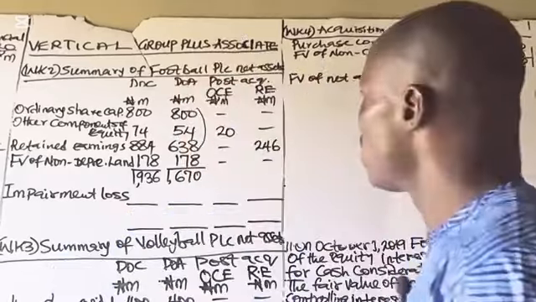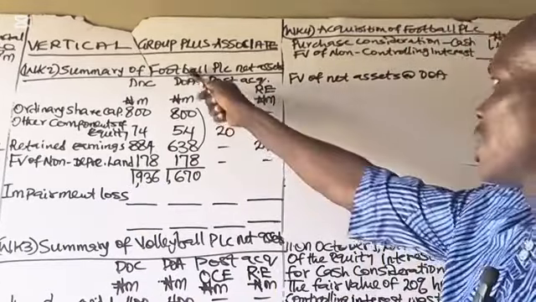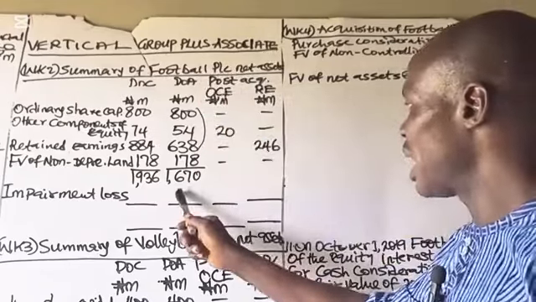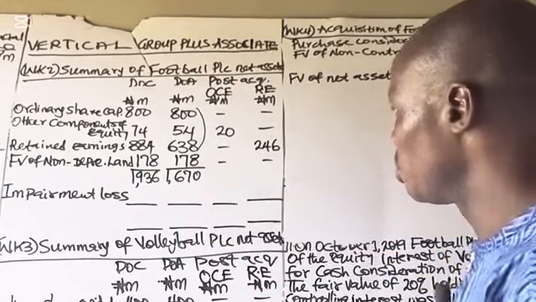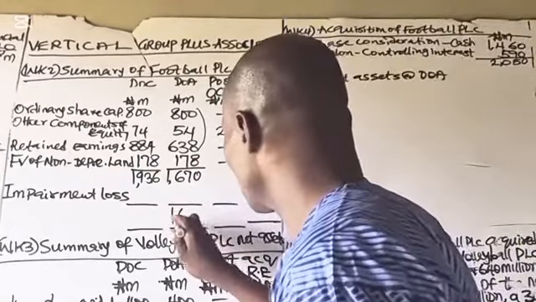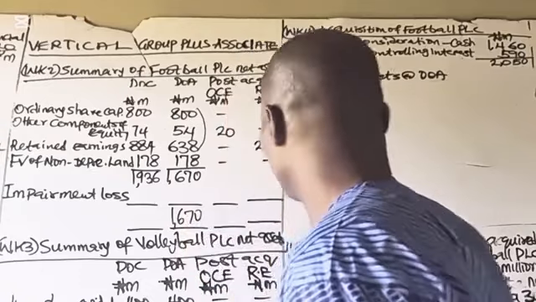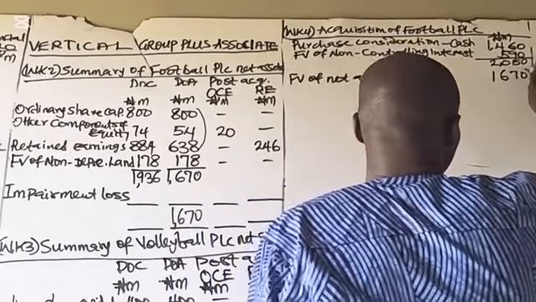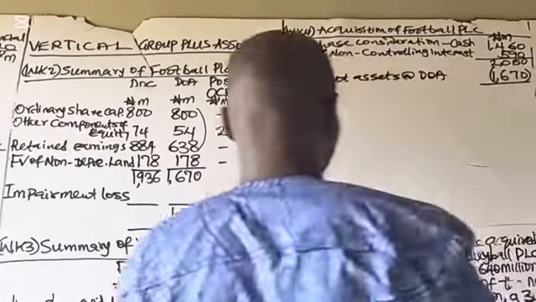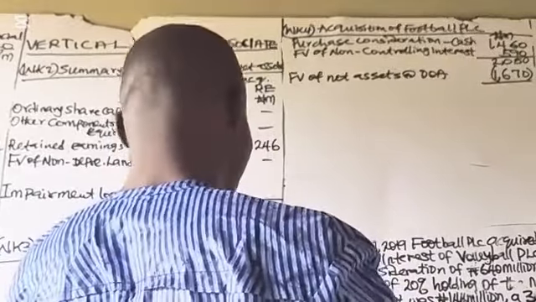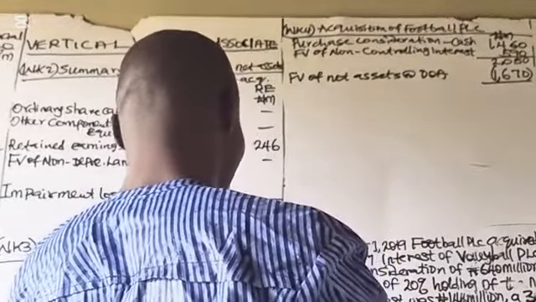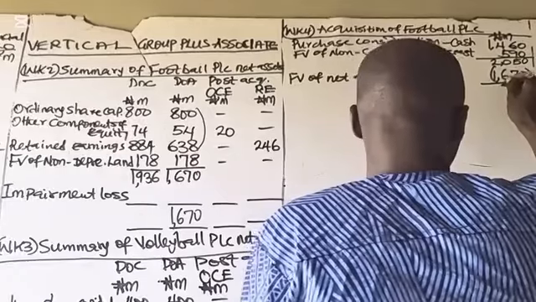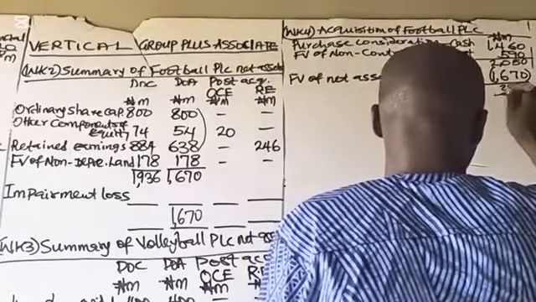Now let's go to the summary of Football PLC net assets. At DOA, we have net assets total of 1,670. So you subtract 1,670, then you have the goodwill. 2,050 minus 1,670, then we have goodwill of 380.